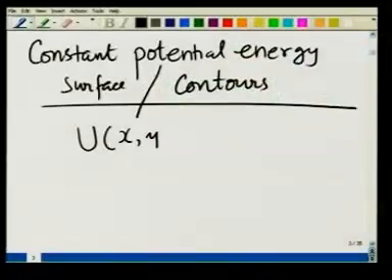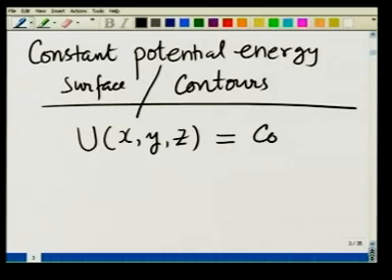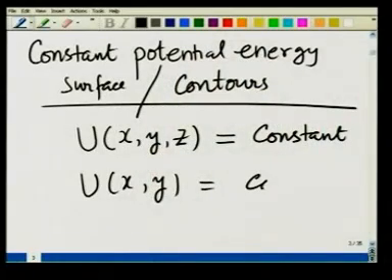Now for a constant potential energy surface, I define that surface in 3 dimensions as U(x, y, z), that surface over which this is a constant, or the contour in 2 dimensions is U(x, y) is a constant.